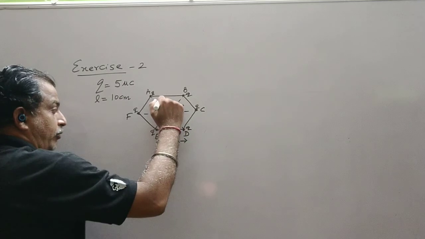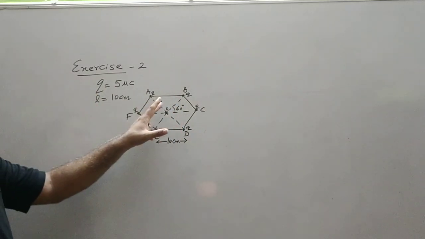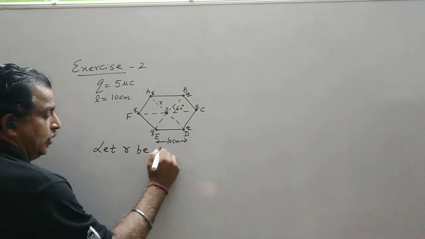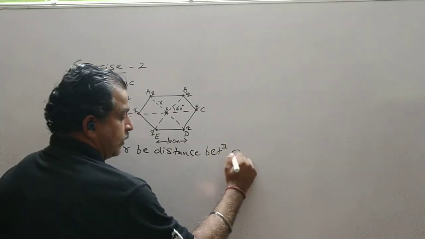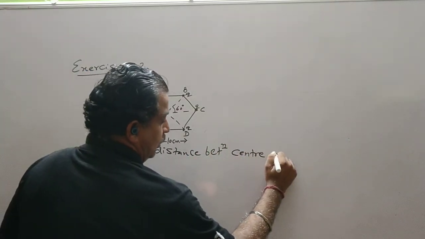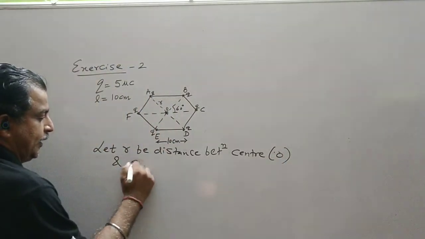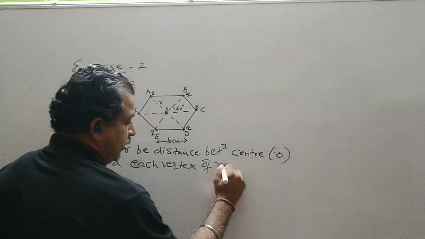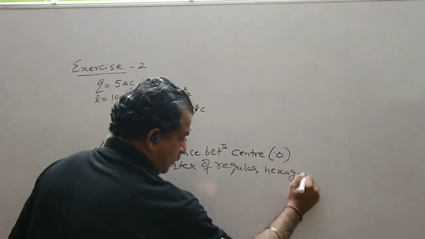Now if it is a regular hexagon, the distance between each vertex and the center is the same. Let R be the distance between center O and each vertex of the regular hexagon.